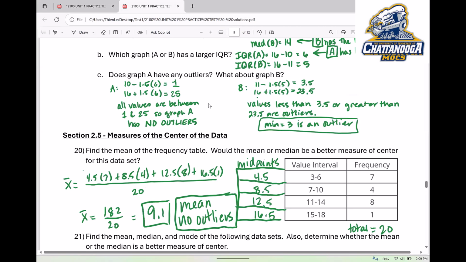So let's see what the answer is here. Mean, no outliers. I don't think you have to choose the mean, because often the median can also serve very well in either case, with an outlier or with no outlier.